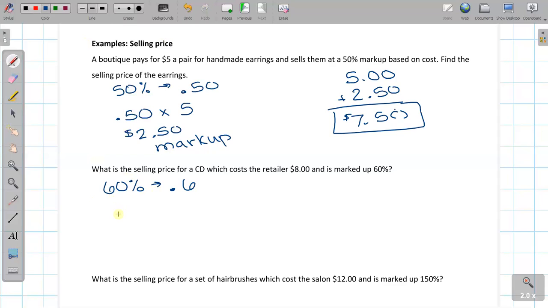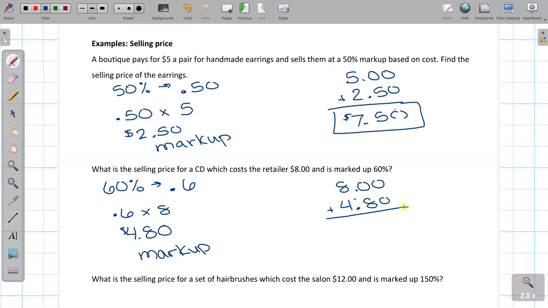So we're going to take 0.6 times $8, and that gives us $4.80. And that's our markup. To find the selling price, we're going to take the $8, what it costs, add $4.80 to it. We get a selling price of $12.80.